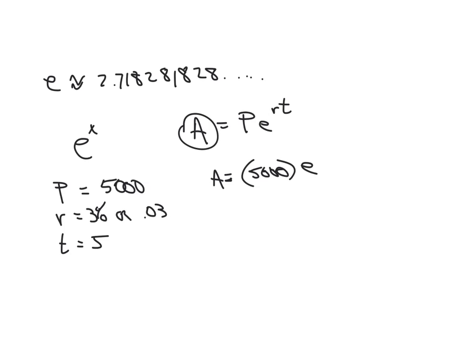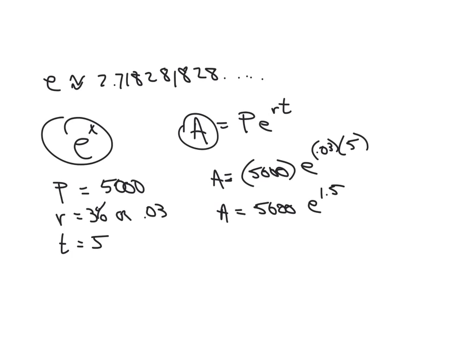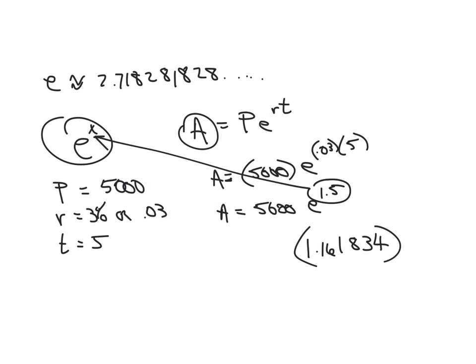E, okay, we're just going to leave the E alone, to the R power, 0.03 times how many years? 5. So A equals 5,000 E to the 1.5, and your calculator, again, if it has this button, that means you can put 1.5 in there for the X, and it will give you a number, and it should give you 1.161834 for your E value.